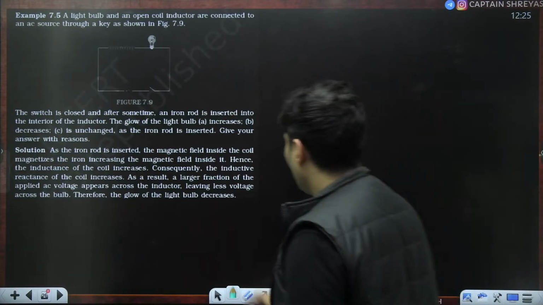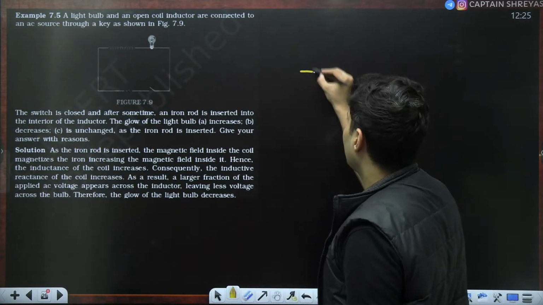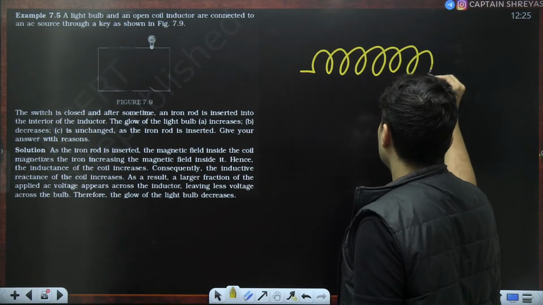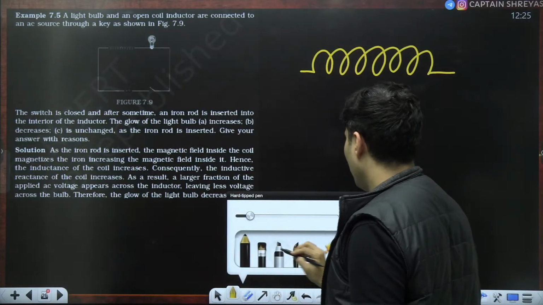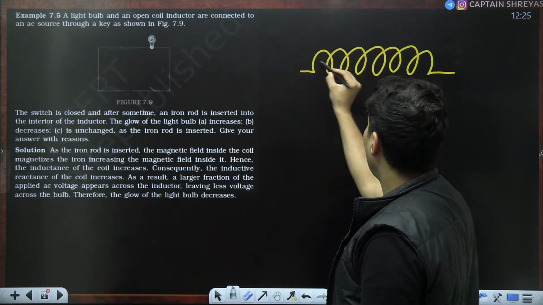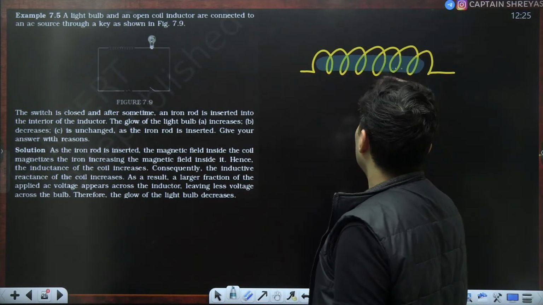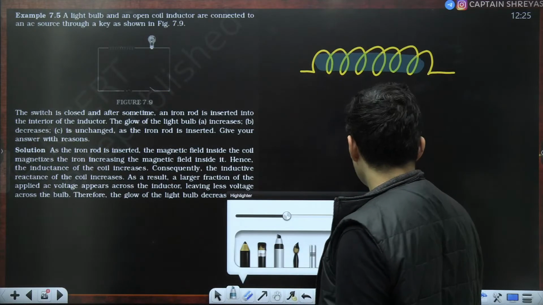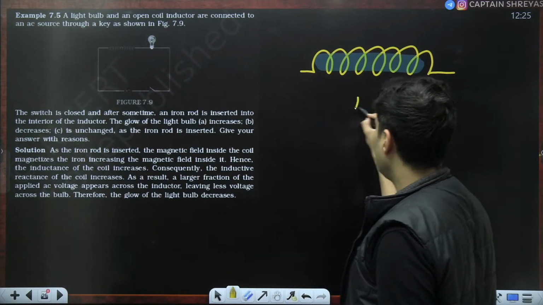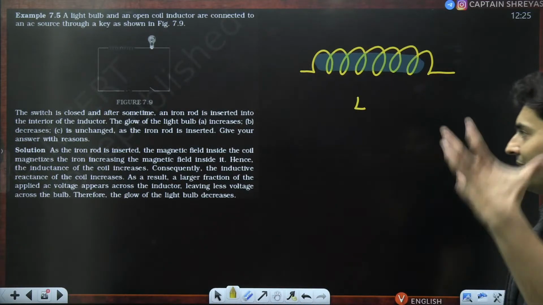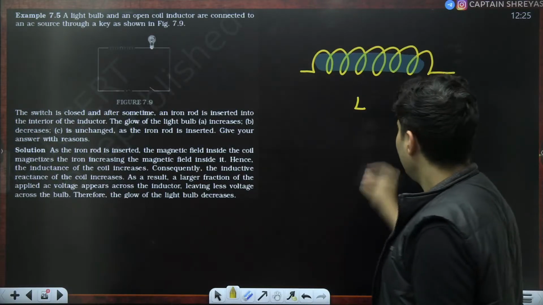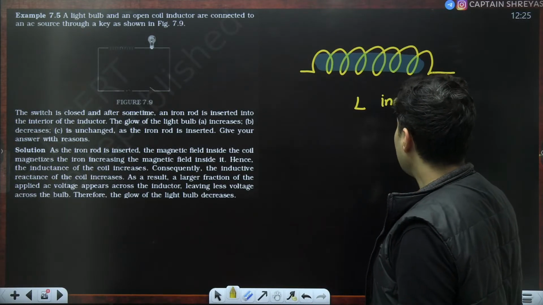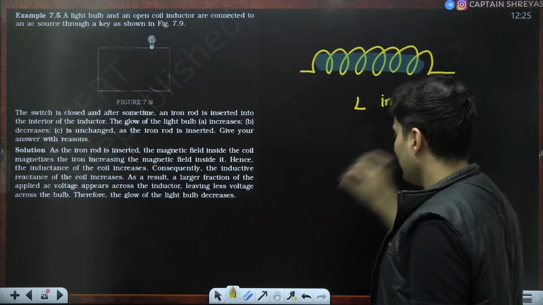Okay, so when you have an inductor and you insert an iron rod inside of it, what happens to the inductance? Can you guys quickly tell me? Yes, the inductance increases. Why?